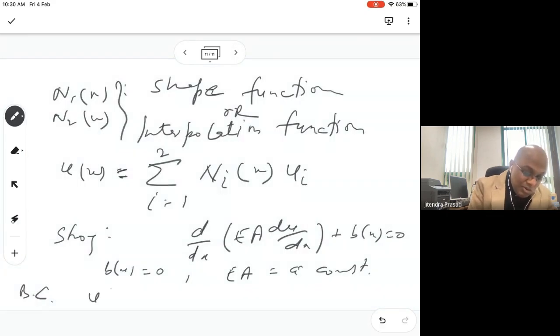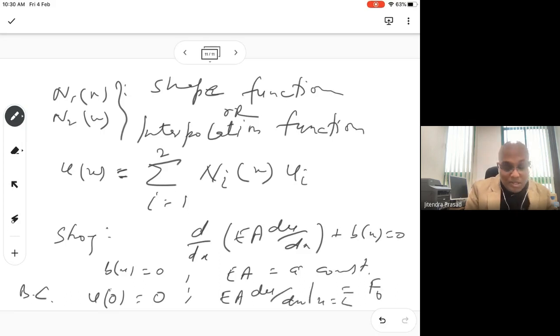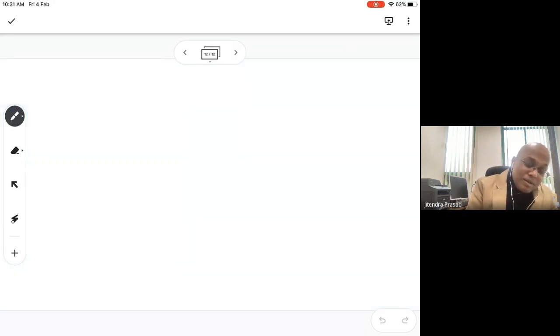And then we have the force: EA du over dx at x equal to L is equal to F0. That's what we have. Now we can find the weak formulation.